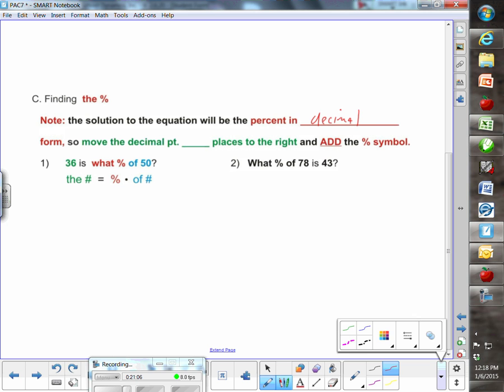Say it if you know it. 2 places to the right and add the percent symbol. Move the decimal point 2 places to the right and add the percent symbol. Because remember, when you find the percent, it's going to be in decimal form. So let's see how that works.